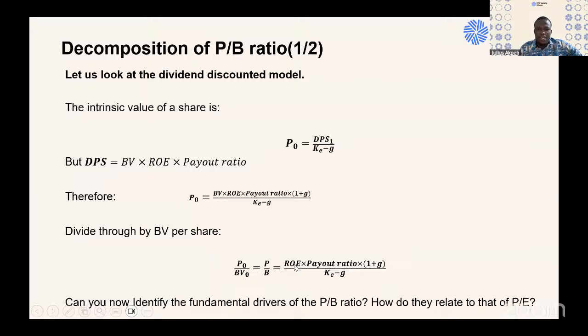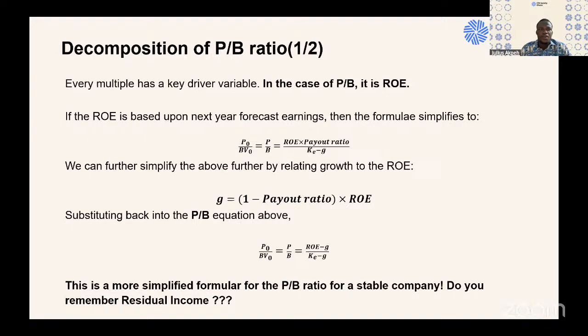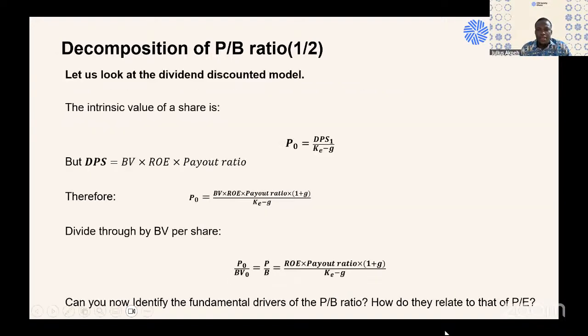ROE times payout ratio is the cash flow, and the cost of equity is the risk measure, and G is the growth rate. So we can still see them here. Let's proceed.